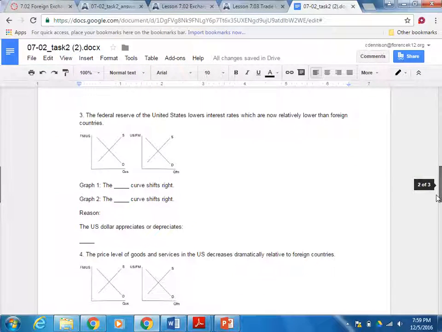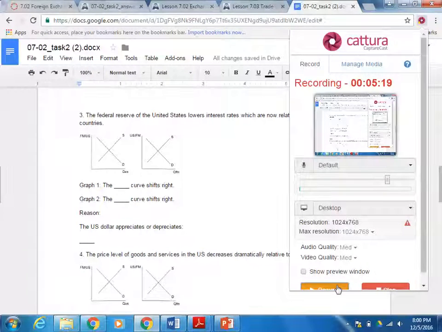Still continue to look over this. Do the triad activities, all those different things. If you look at these questions, like number 2, you should be able to figure it out, because it's basically the opposite of number 3. Now the United States has the higher interest rates.